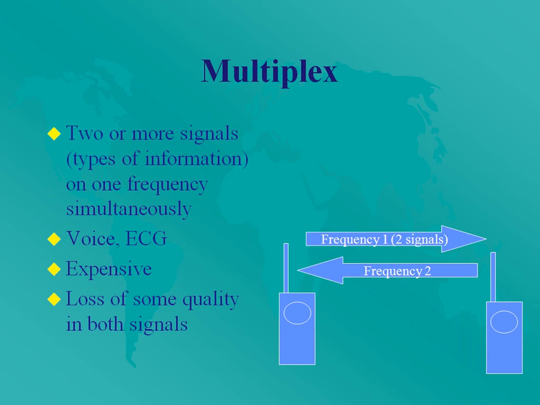Multiplex: I'm talking, you're talking, and we can be arguing, but I can also be sending you an EKG at the same time. So we can get about three different things communicating, or more, whatever the case may be. Just remember, the more you put on that radio wave, the more you take down its amplitude, and the quality becomes poor at the end on whichever side.